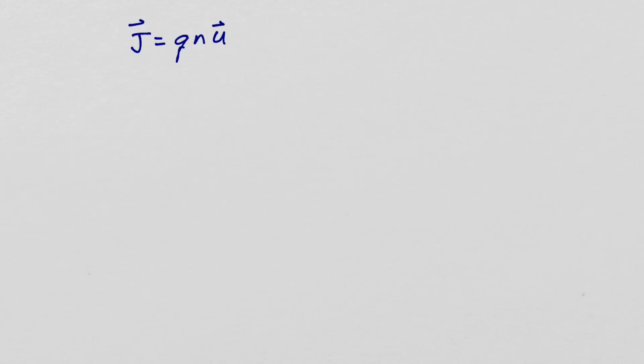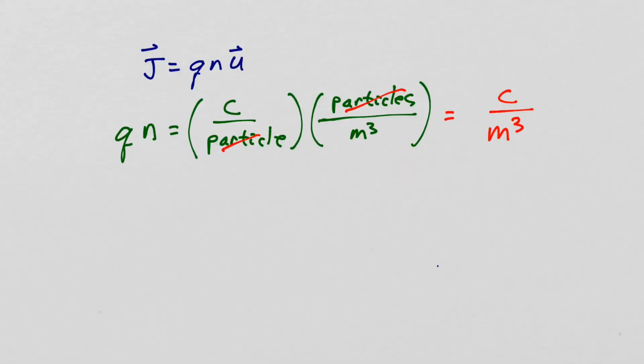Let's look at this term Q times N. So Q is the charge per conduction particle. N is the number of conduction particles per cubic meter. So Q times N is going to have units of coulombs per cubic meter.